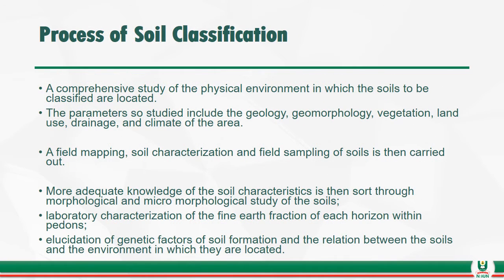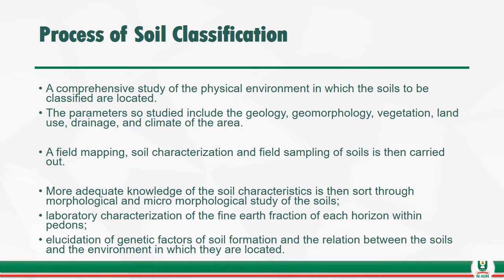What are the processes involved in soil classification? A comprehensive study of the physical environment in which the soil to be classified is located. The parameters so studied include geology, geomorphology, vegetation, land use, drainage, and climate of the area. Field mapping, soil characterization, and field sampling of soil are then carried out.